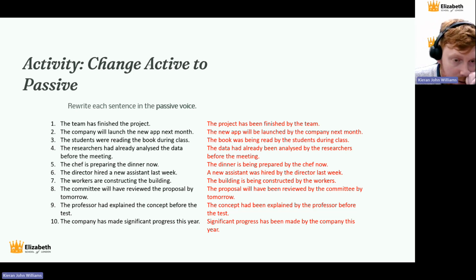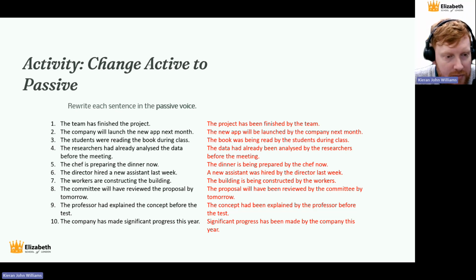Okay, the original sentence is past perfect, had analyzed. So we have put be in past perfect, which is had been. We have put analyzed into the past participle, which is also analyzed. And we've got the correct answer there. So well done.